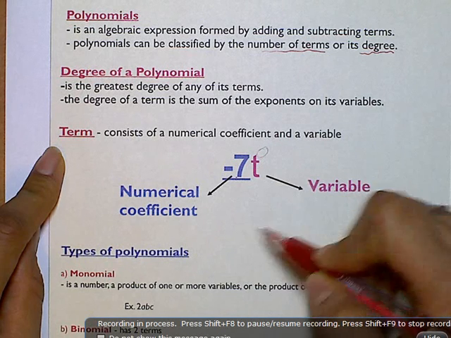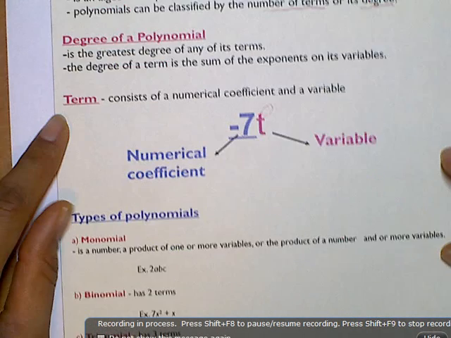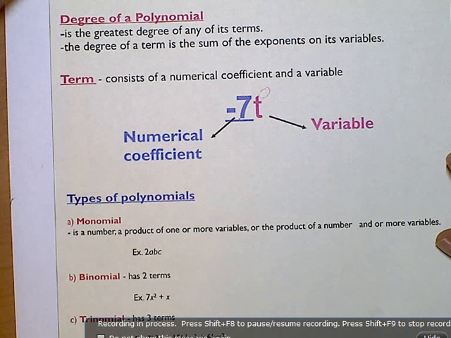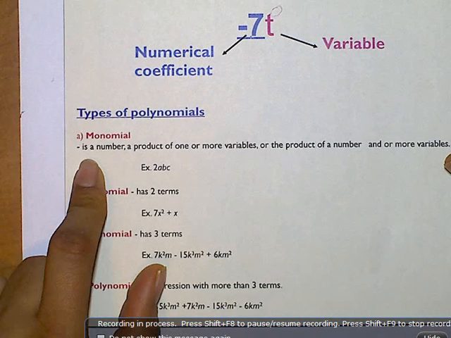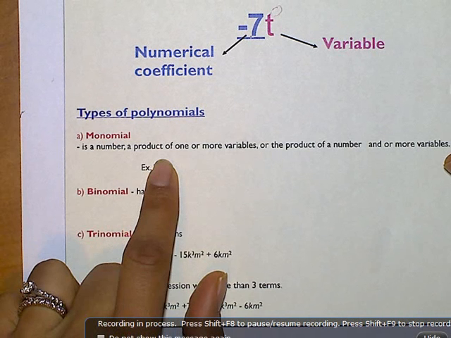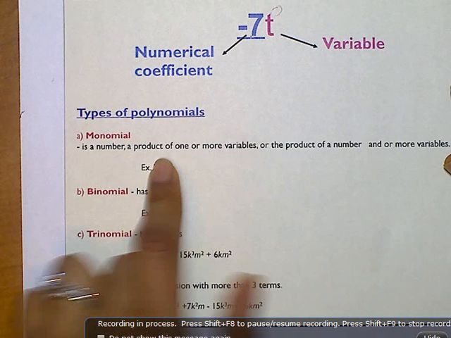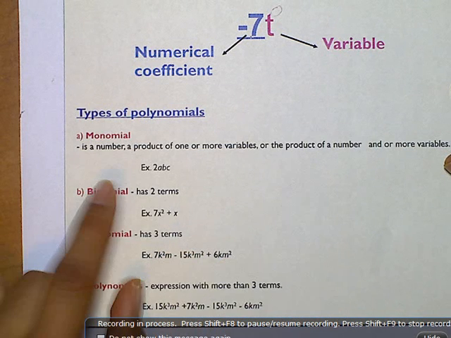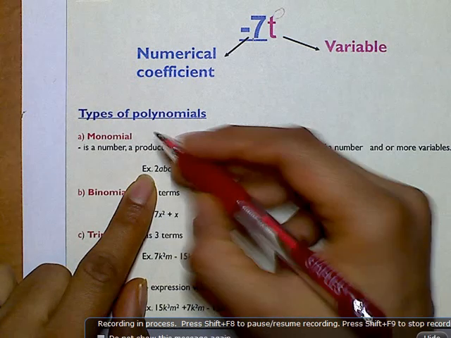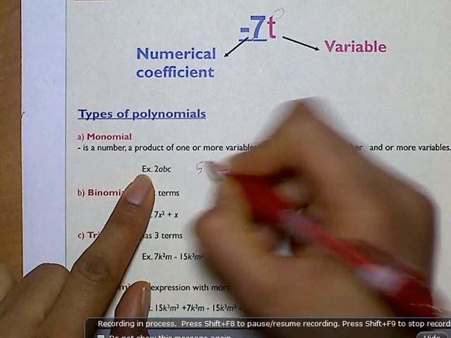Alright, the different types of polynomials, and this is when you're classifying them by the number of terms. You can have a monomial, which is either a number, a product of one or more variables, or the product of a number and one or more variables. So for example, if I just had a number, say 5, that is a monomial because it's a number.